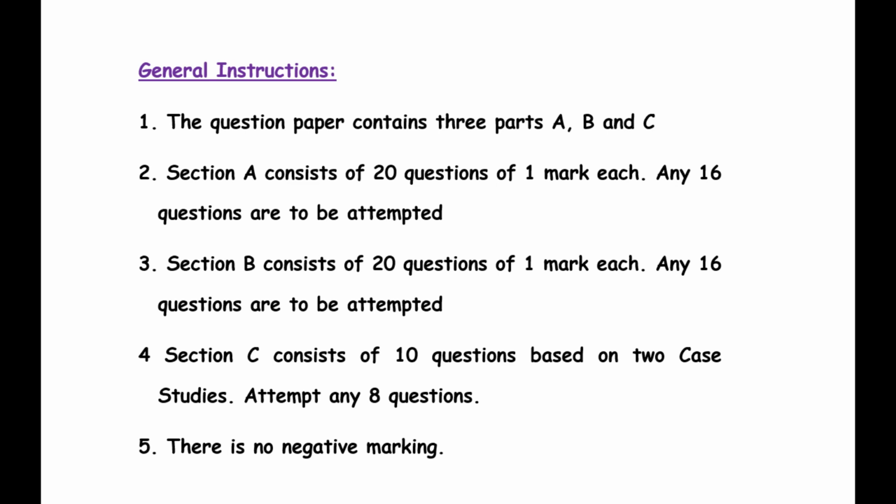You need to attempt any 16 questions. In the same way, section B consists of 20 questions of 1 mark each. You should attempt only 16 questions, and section C consists of 10 questions based on 2 case studies. Based on the case studies, you need to attempt 8 questions. There is no negative marking.